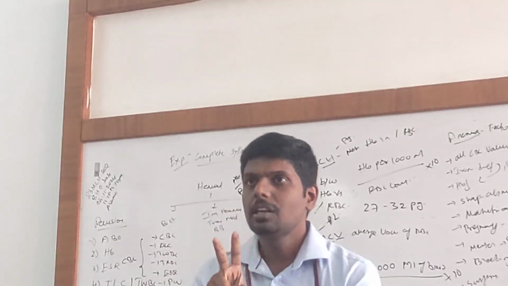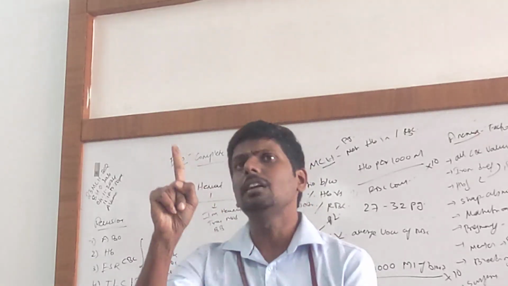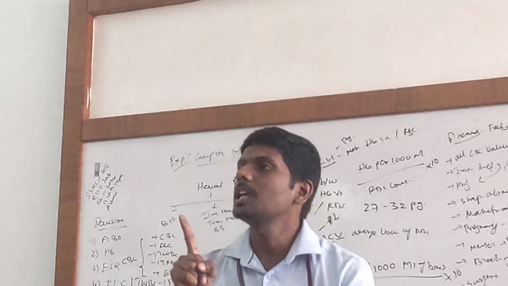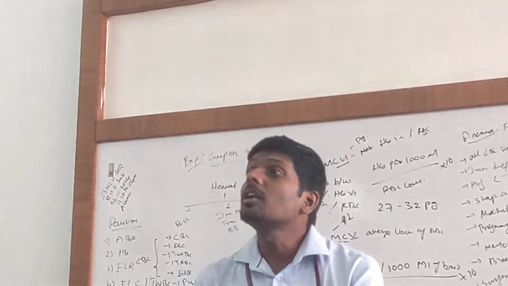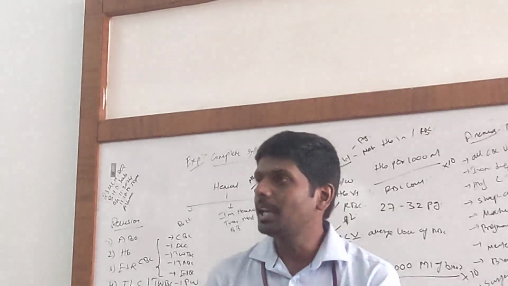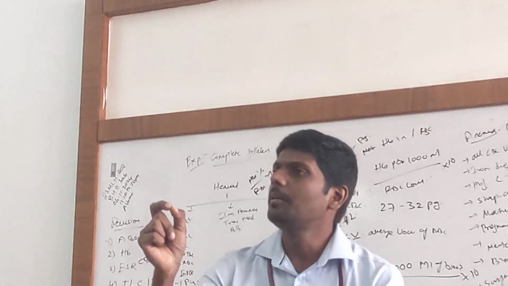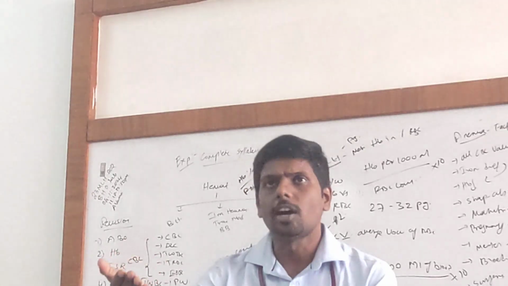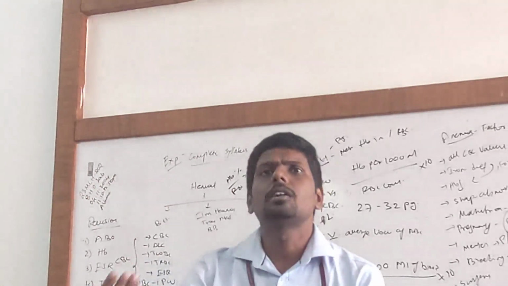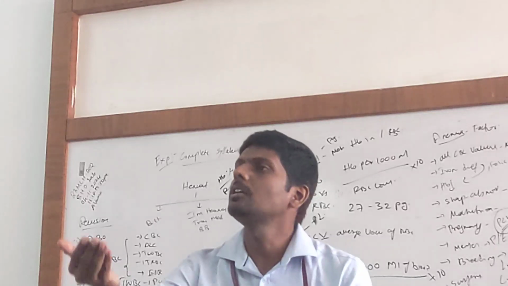The next one was how much HB is present in a single red blood cell. This is called mean corpuscular hemoglobin, MCH. What is the measuring unit of MCH? Picograms. What is the formula? HB by RBC count into 10.